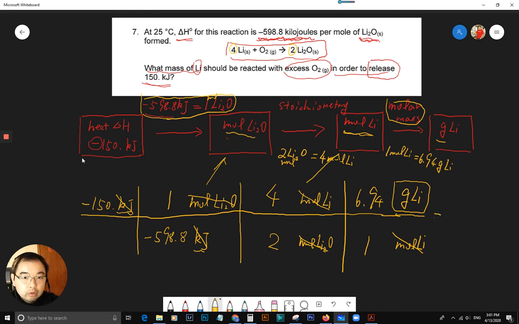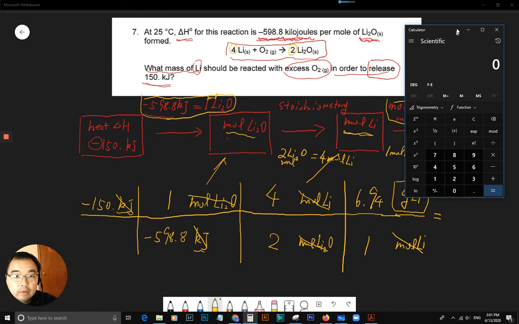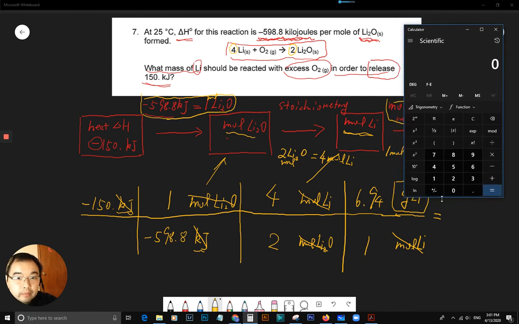Okay, so when we put all the numbers into the calculator, then we can figure out what is the final answer for this. Okay, so 150 point negative times 4 times 6.94 divided by parenthesis 598.8 negative times 2 times 1 parenthesis as equal.